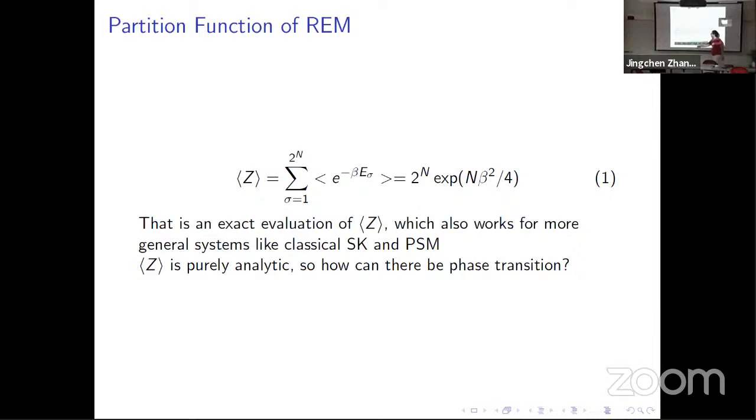We're summing over 2 to the n terms, and each of these terms is just a Gaussian integral. Boom, boom, boom. That's not hard, and it's something we can all do, hopefully. And we get the disorder average of Z.